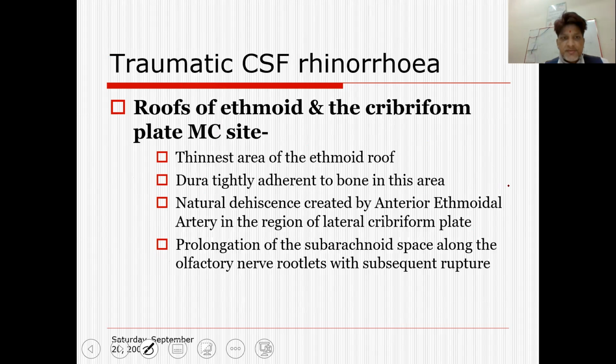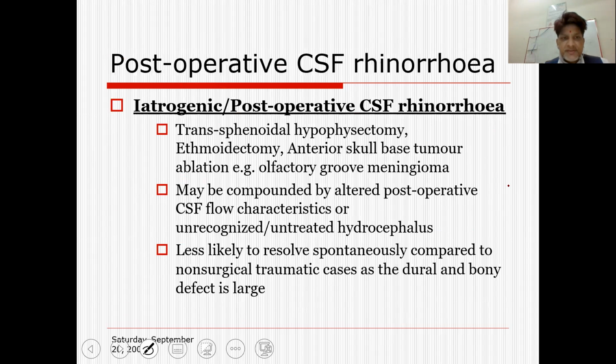Traumatic, we have already discussed. We have also discussed the iatrogenic, like in a transsphenoidal hypophysectomy, that is transnasal transsphenoidal pituitary surgery, or in a case of a skull base tumor, or tumors of the olfactory groove. They may lead to a breach in the continuation of the dura, or dural rupture, and hence the leakage of CSF.